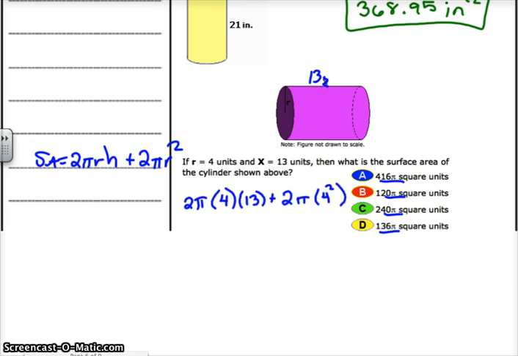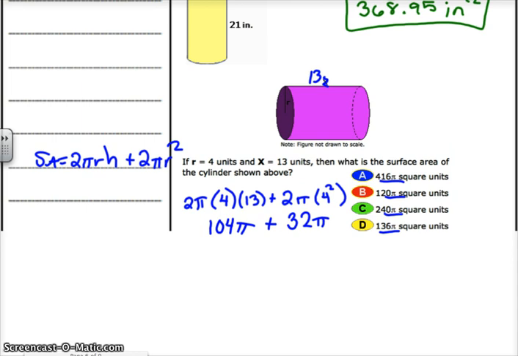And now I'm just going to start multiplying the numbers I can. So 2 times 4 is 8. 8 times 13 is 104 pi. 4 squared is 16. 16 times 2 is 32. So it would be 32 pi.